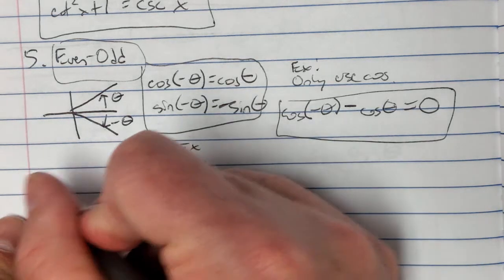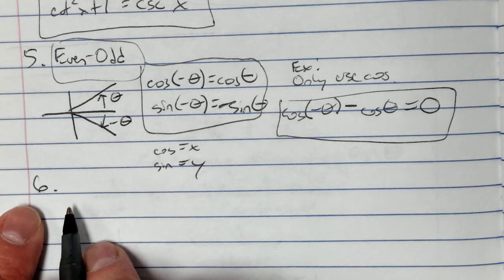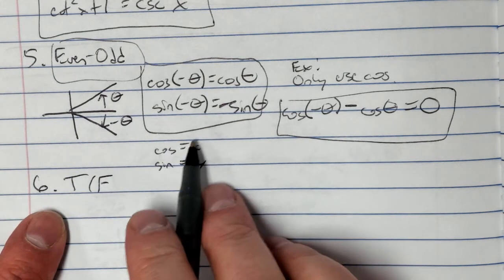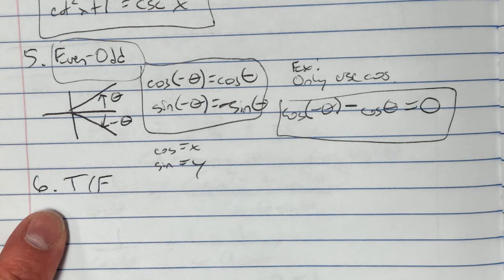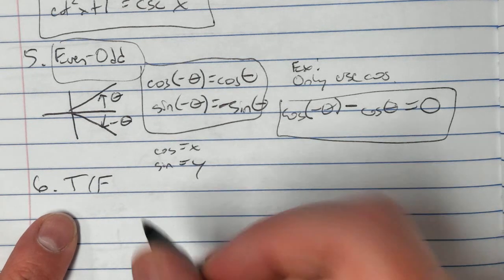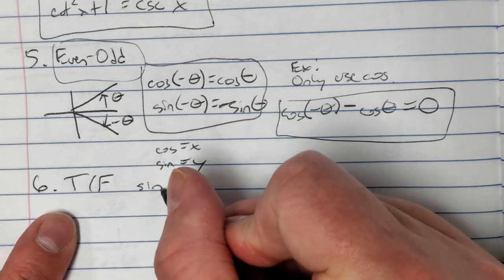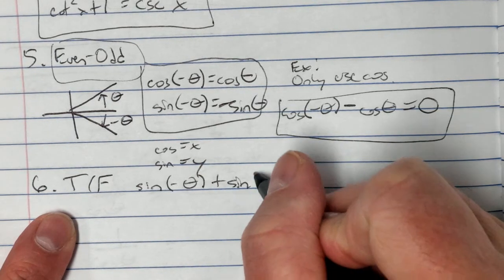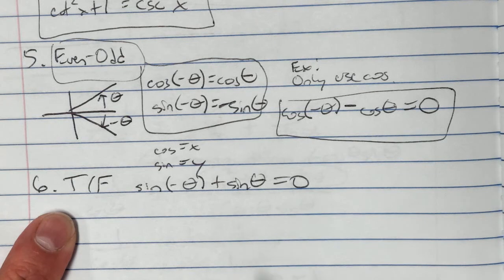Number 6, this one has a true-false question, and it's somewhat related to your even-odd, but it's using sine. It has sine of a negative angle plus sine of an angle equals 0.